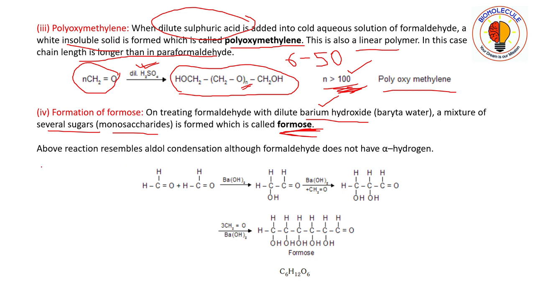Okay, so the above reaction resembles aldol condensation, although formaldehyde does not have alpha hydrogen. So here is the reaction, you are getting this formose. Okay, this mechanism you don't have to worry. I'm just showing you this mechanism, and this is the structure of formose.